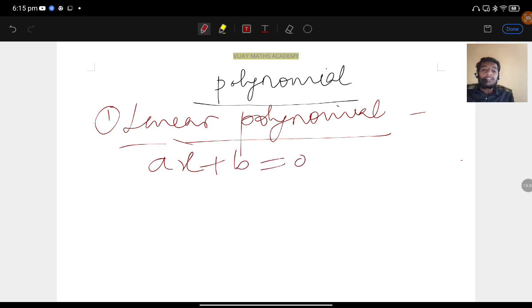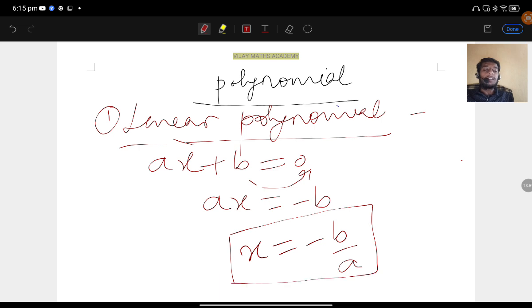When it becomes 0, take ax is equal to minus b. How does the minus come? When the left-hand side term goes to the right side, the sign changes. Now here a is in terms of multiplication, so x is equal to minus b divided by a.